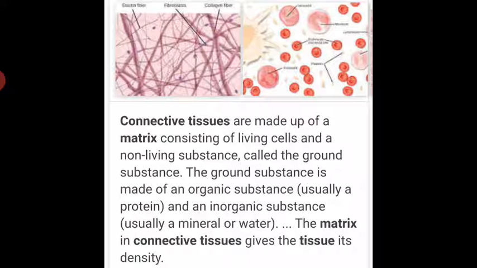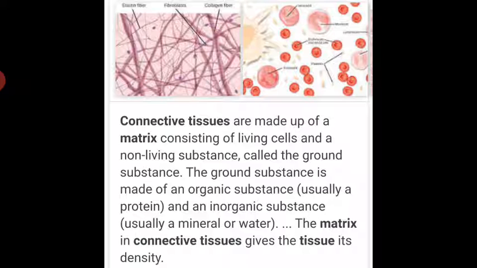This forms a kind of substance called ground substance or matrix. The ground substance is made up of an organic substance and an inorganic substance, usually a mineral or water. So the matrix is a mixture of protein and water.